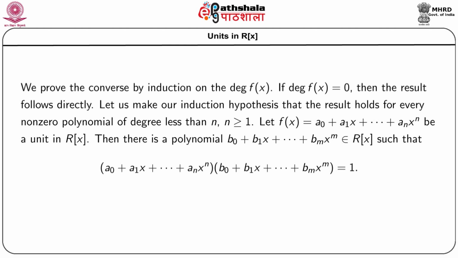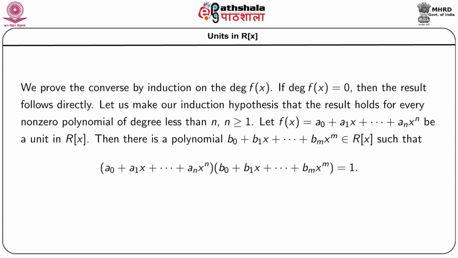We make our induction hypothesis that the result holds for every non-zero polynomial of degree less than n, where n is greater than or equal to 0. Let us consider a polynomial f(x) of degree n, at least 1, which is a unit in R[x]. We are to prove that a0 is a unit and all other ai, that is a1 to an, are nilpotent.